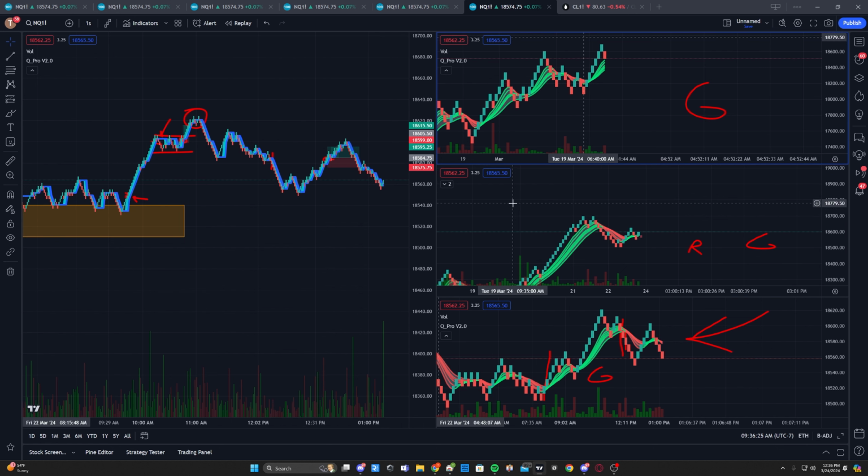I'm trying to make it as easy as possible for people to see that we have these three confluences.